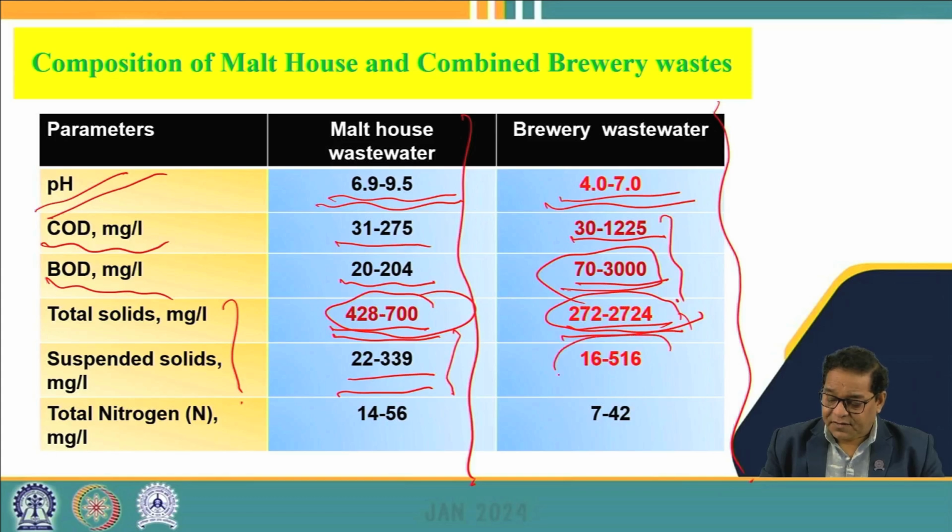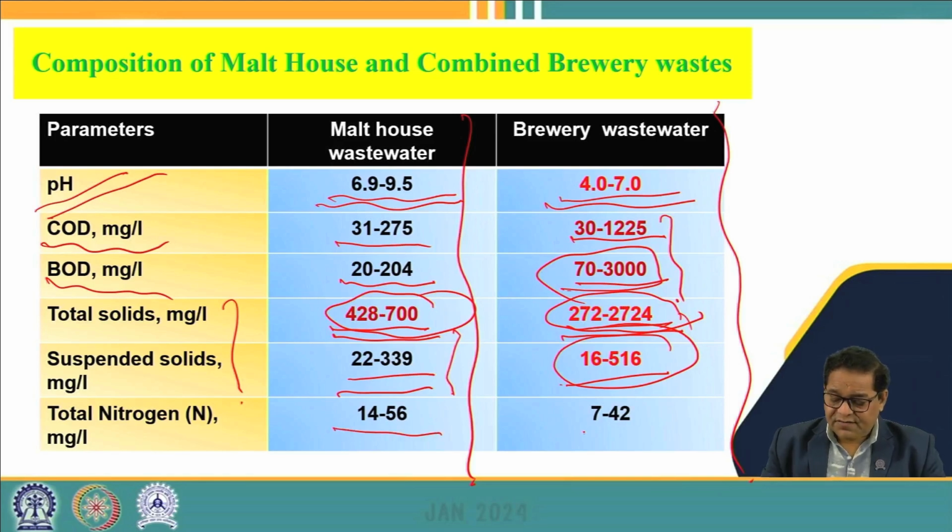But in the brewery sections, most of the solids are in dissolved form, having a variation of 16 to 500 milligram per liter. So this is the major difference in the quality of the wastewater generated from the two sections.